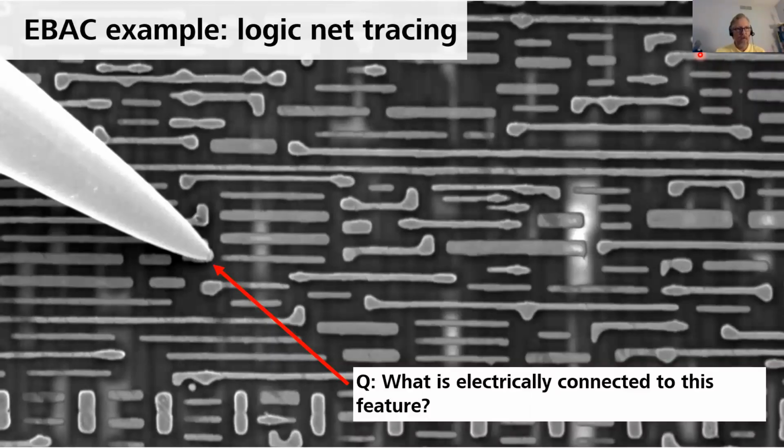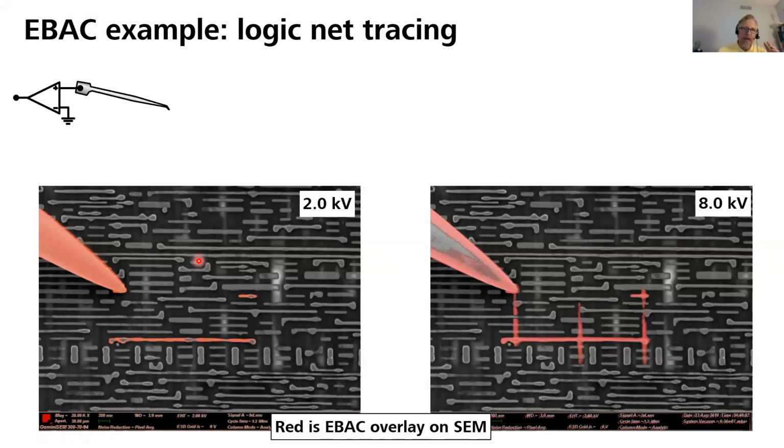Our next example, EBAC is very heavily used in logic net tracing. You might have a question of what is electrically connected to this feature. You would drop a probe. And then, because it's a SEM-based technique, you could use different acceleration potentials or different beam landing energies to look deep into the sample.